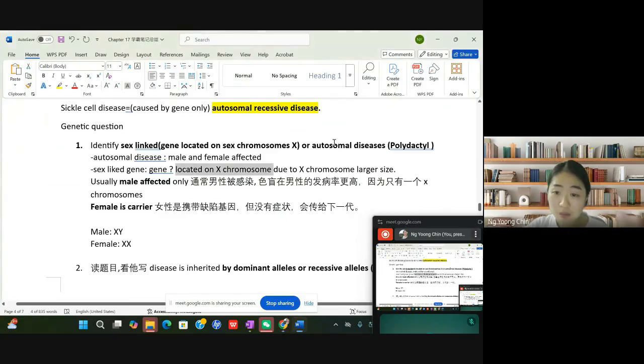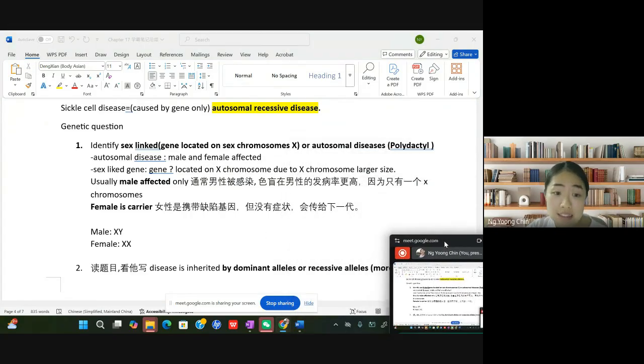Autosomal disease refers to a disease that is not located on the sex chromosomes, X or Y. It is located only on one of the chromosome pairs from number 1 to number 22. So this is called autosomal disease. Before you do the genetic question, you need to identify whether it's an autosomal or sex-linked disease.